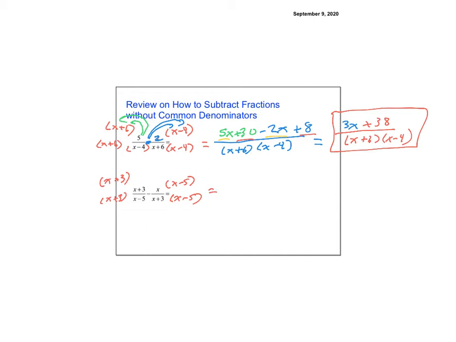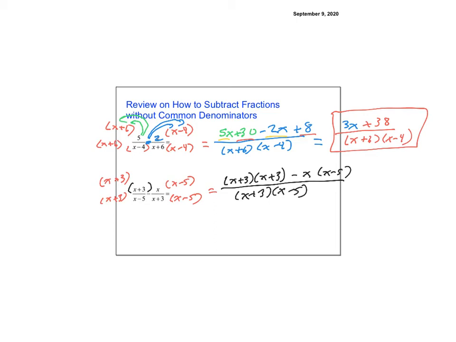So we're going to have to go ahead and FOIL out that x plus 3 times that x plus 3. And maybe I'll write it out this time. And then over here, we've got a minus x times x minus 5. All over the common denominator here of x plus 3, x minus 5.